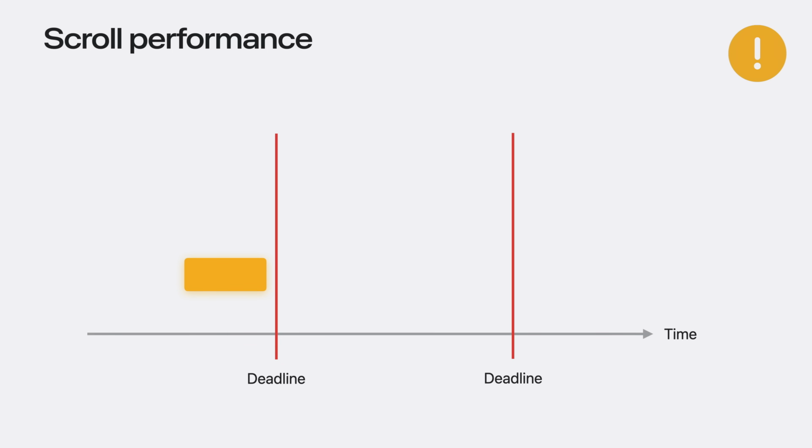Scrolling has some serious wins too. When people scroll in your app, the system gives SwiftUI a certain amount of time to render the next frame. If all the work isn't done by that deadline, it causes a dropped frame. No one wants this. It can cause your app to feel glitchy or slow.